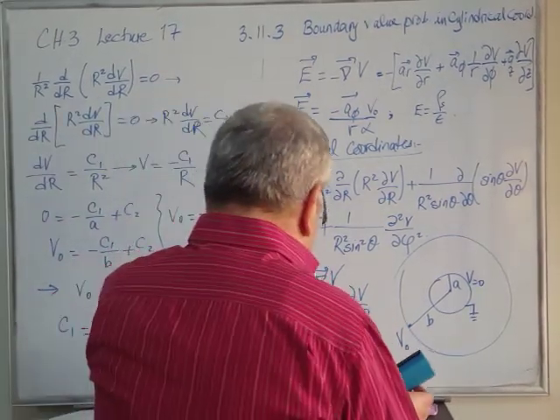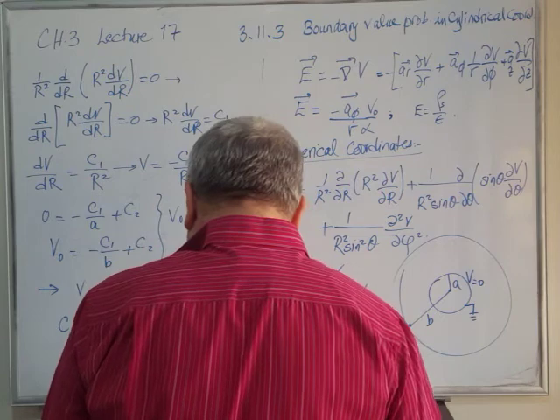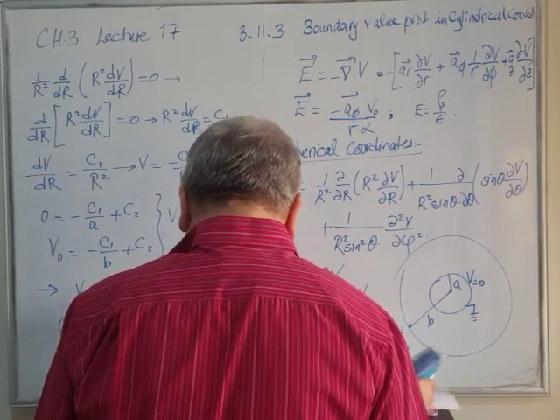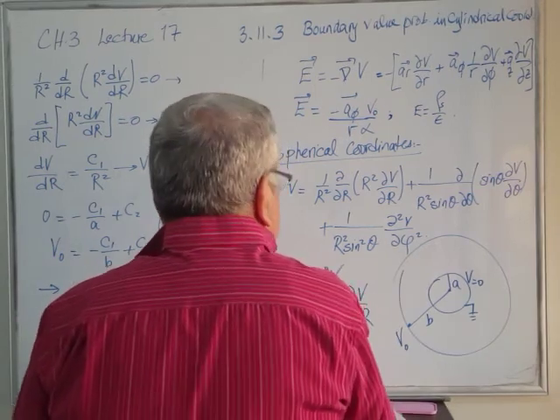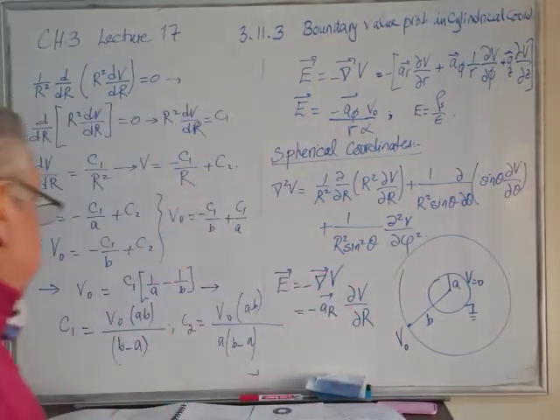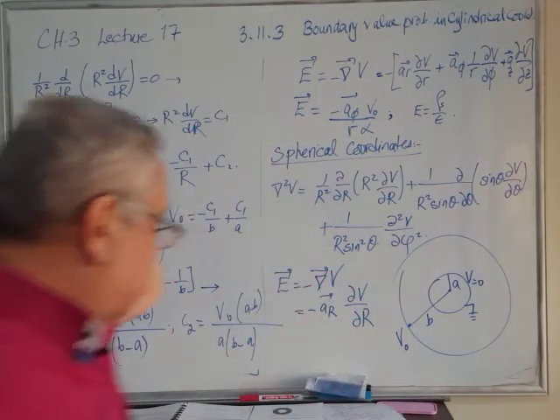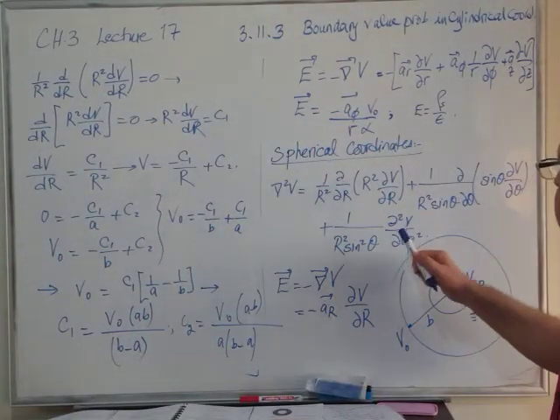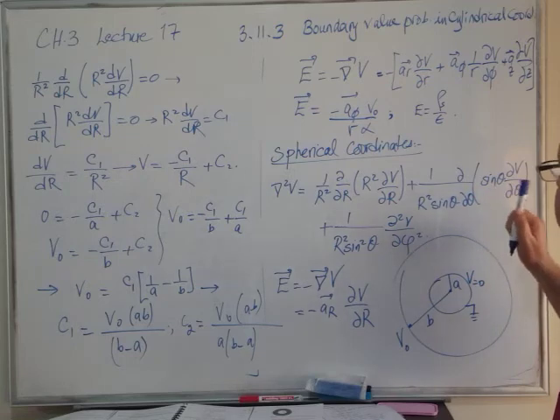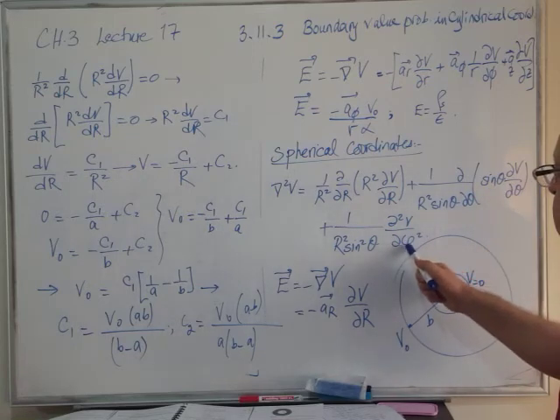Now, what else do we have? We still have two cases when we have symmetry with respect to what? Symmetry with respect to R and theta, and variation with respect to phi, as in this case.